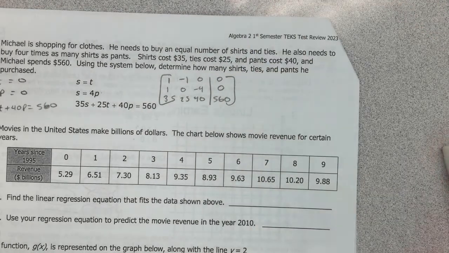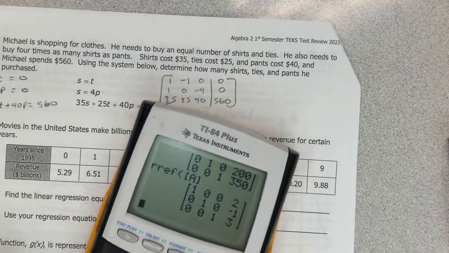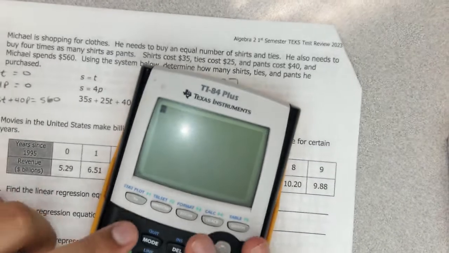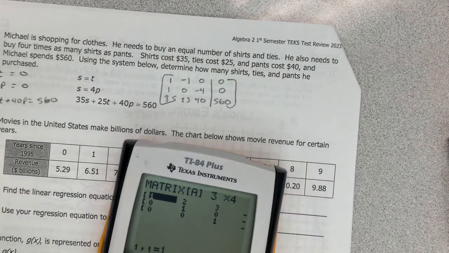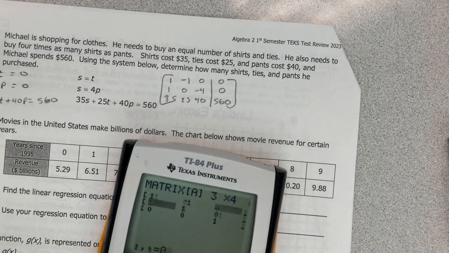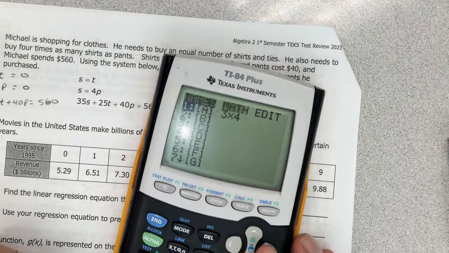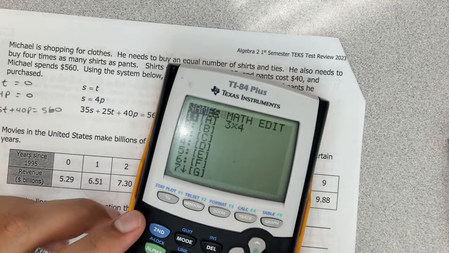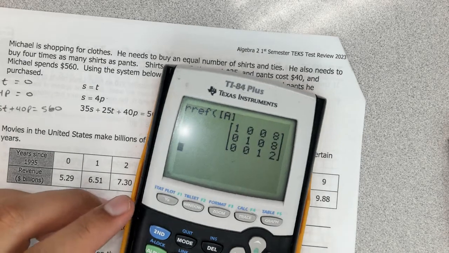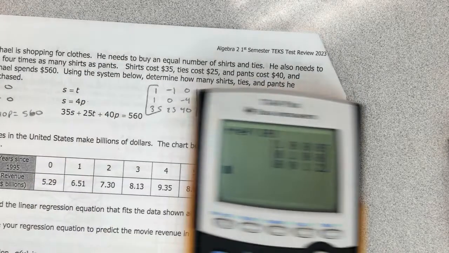Alright, so then let's plug that into the calculator. Alright, this is going to be the solution matrix.